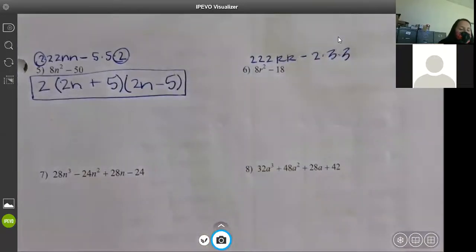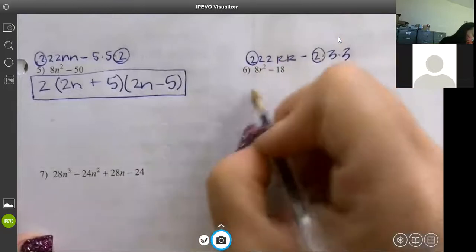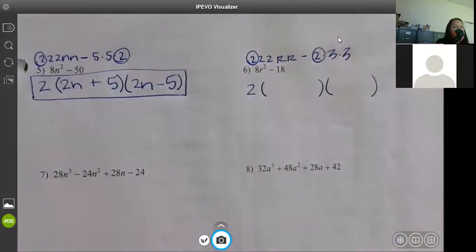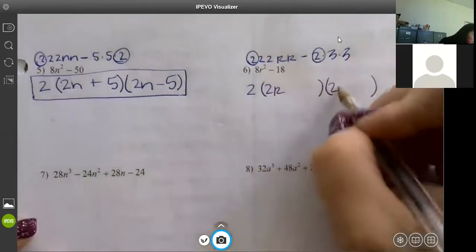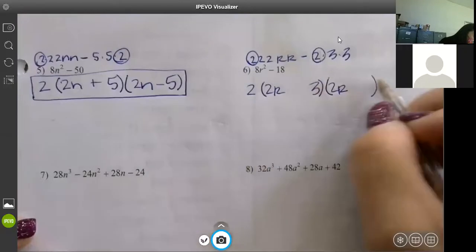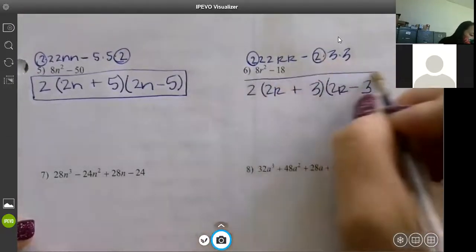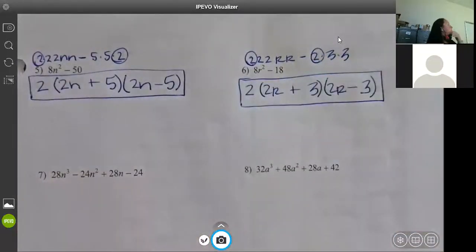What do we have in common? If you look, we have pairs separated by a minus. What goes in the front? 2r. What goes in the back? What are our signs? Yeah, that's it. So again, it's nothing that you don't know how to do.